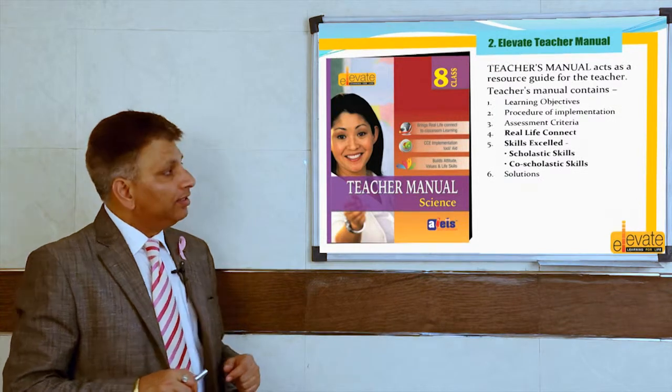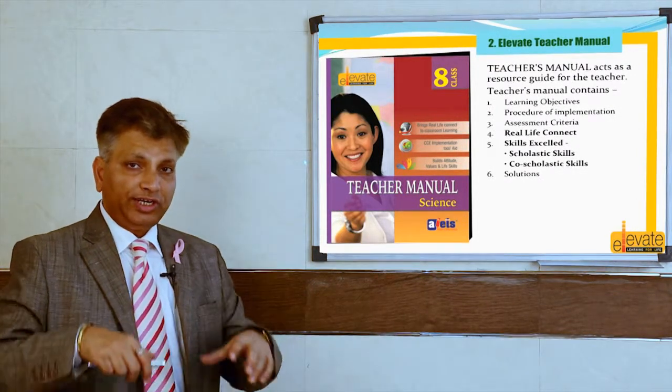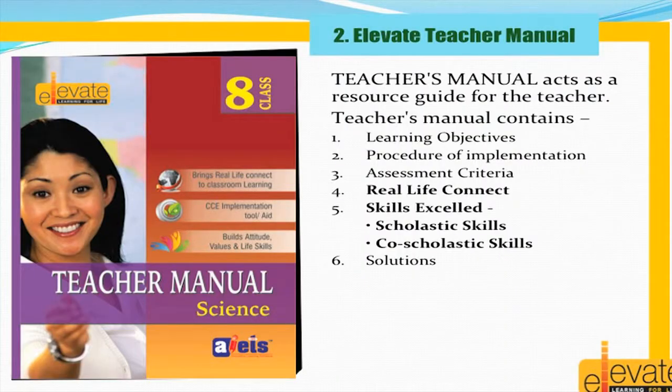This way, this real life connect will stimulate teacher to create more and more examples to make the subject interesting. Apart from this, it is given over here, skills excelled. Skills excelled in scholastic field and skills excelled in co-scholastic field. Then we have solutions.